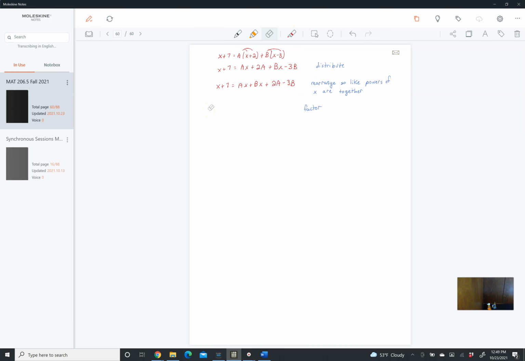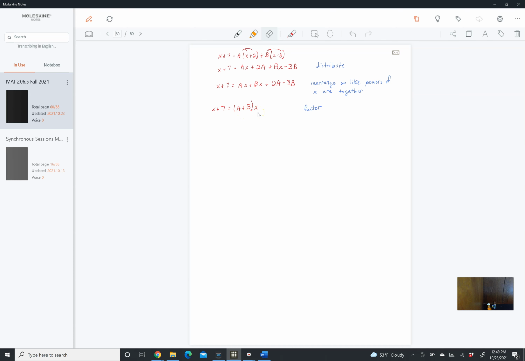X plus 7. We're going to factor out the x, and we're going to put the x on the outside of the parentheses, on the right side of the parentheses. So in other words, it's going to look like this. In front of the x's, we have a plus b. So we just took out the a plus b, and we put the x off to the side.